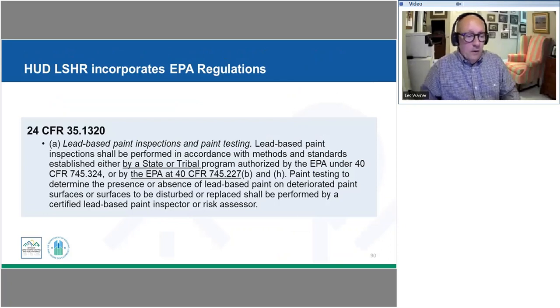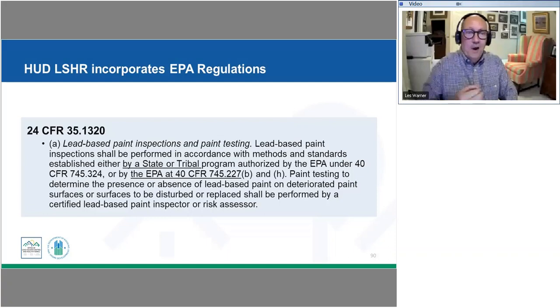All right, so I think we promised last week that we would dive a little bit into a side-by-side between the lead-safe housing rule and the EPA regulations. Just note here that the HUD regulations incorporate some of the EPA regulations.